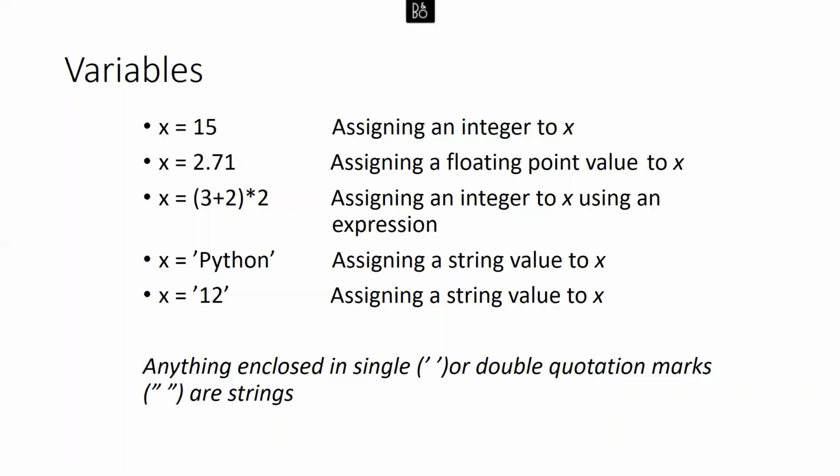And the last assignment is perhaps the most interesting one. Here you can see the value 12 enclosed in single quotation marks being assigned to x. Any value enclosed in single or double quotation marks is a string, even if it's a number. So this is also an example of string assignment.